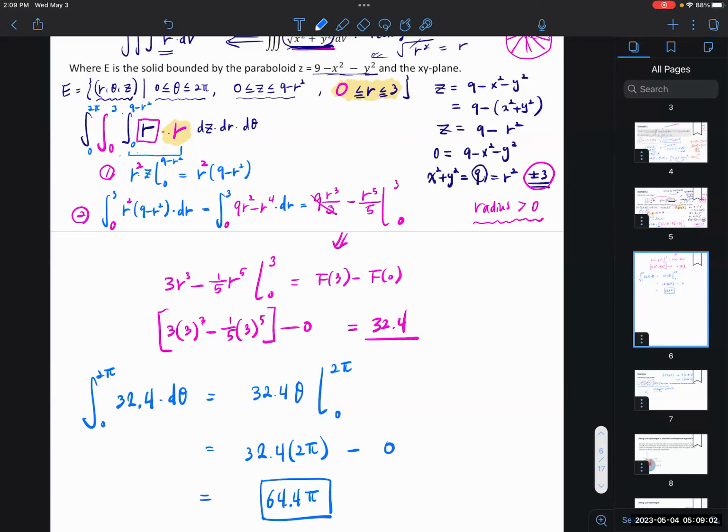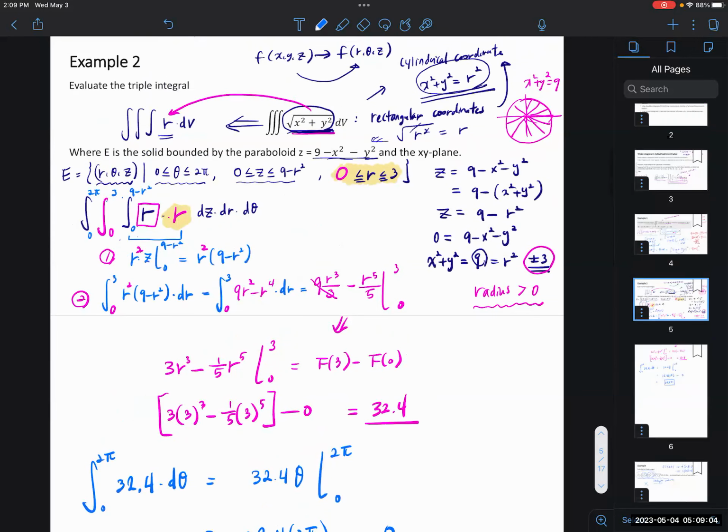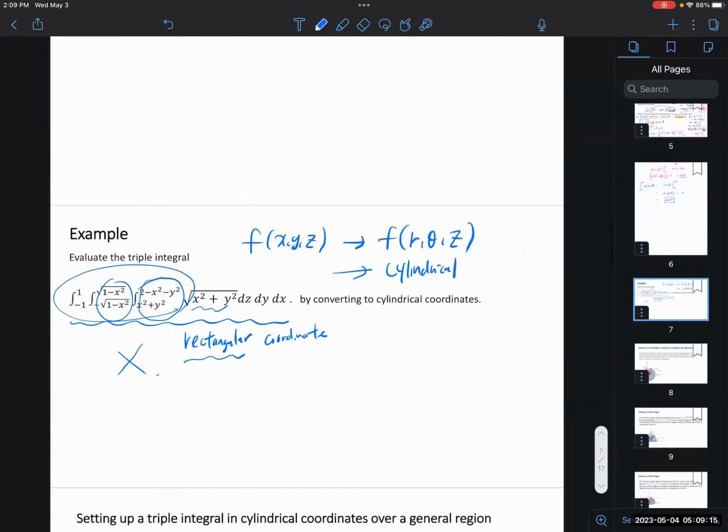That's why I suggest you convert from rectangular to polar, or rectangular to cylindrical, when you're dealing with 3-dimensional space, okay? This one, I'm just giving you the idea. Ooh, look at that, it's complicated. So converting to cylindrical coordinates is much more helpful.